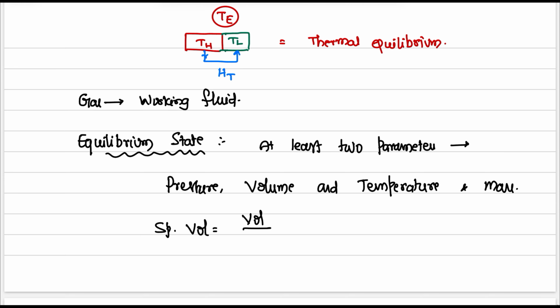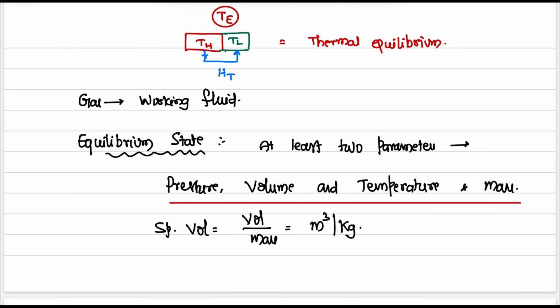Volume by mass, that is per kg, that means cubic meter per kg. When you use this specific volume, mass is not required because specific volume is volume per unit mass. And in absolute values, if you want, pressure, volume, temperature and mass, we will confine ourselves to these parameters.